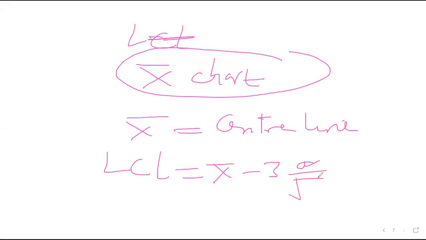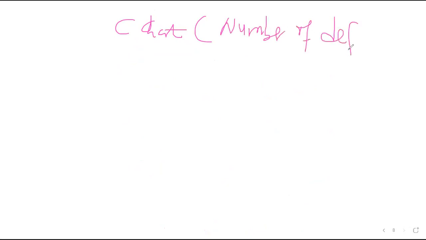sigma over the square root of n. Upper control limit is equal to X bar plus 3 sigma over the square root of n. The C chart is also called the number of defects chart.